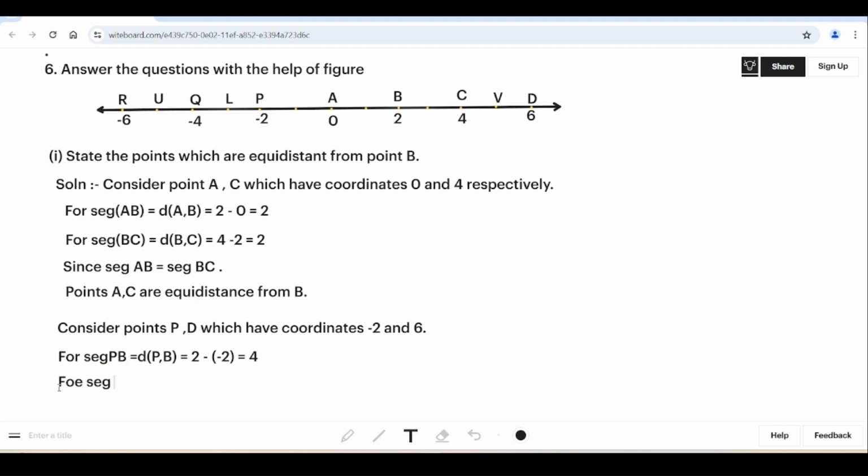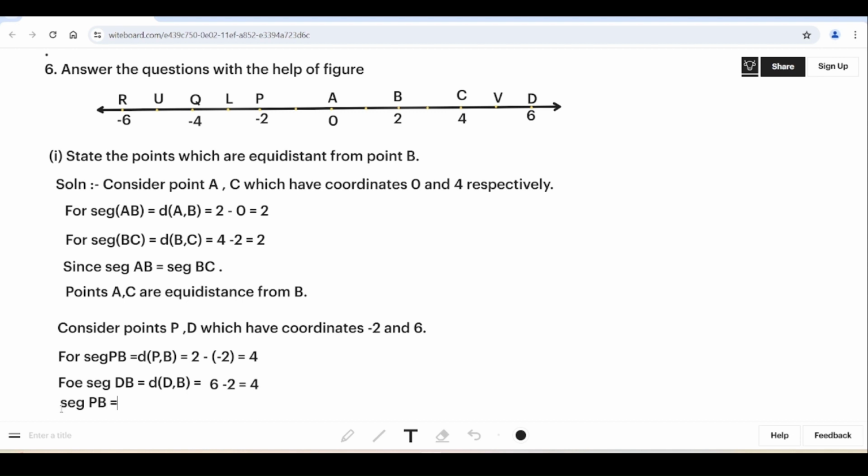Similarly, segment DB is equal to the distance between point D and B. Now D has coordinate 6 and B has coordinate 2. Now 6 is greater than 2. Therefore, we have 6 minus 2, that is equal to 4. So now the distances are equal.